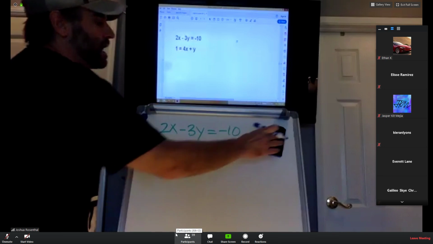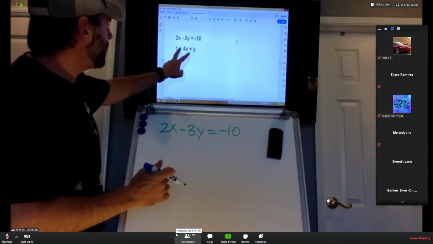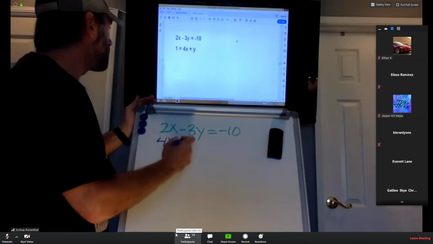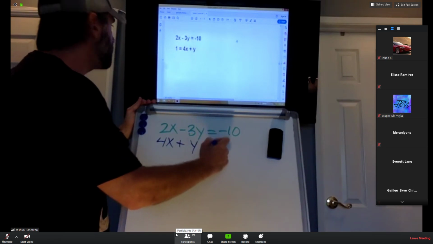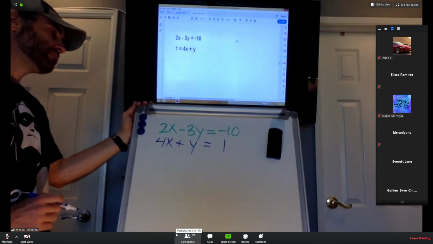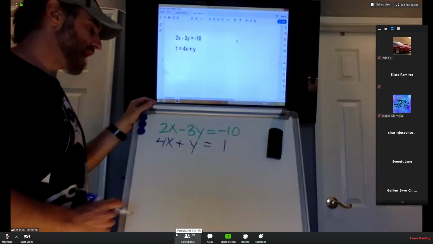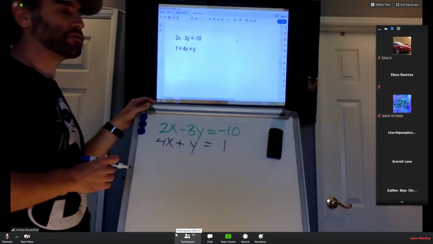Well, I'm not going to write it this way, actually. I'm going to write it with the 4x and the y. Why am I allowed to switch that? Because of the commutative property. No, that's switching the order of multiplication or addition.